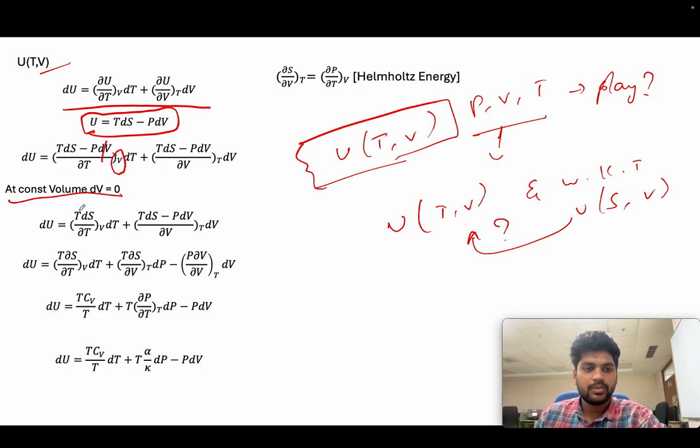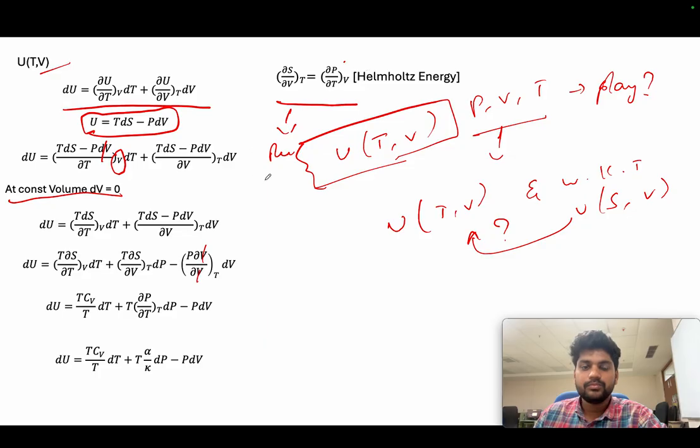Then du equals T dS by dt at v dt plus, and this I have written as it is. If you apply the reciprocation formula on Helmholtz free energy, you will get ds by dt equal to dp by dt. So that's what I have written here. T dp by dt at v minus, so I cancelled this out and you get minus dv.